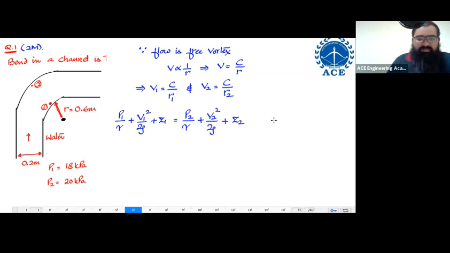So now I will straight away cancel Z1 and Z2 over here. The reason for cancelling Z1 and Z2 is because the value of datum throughout is remaining constant.